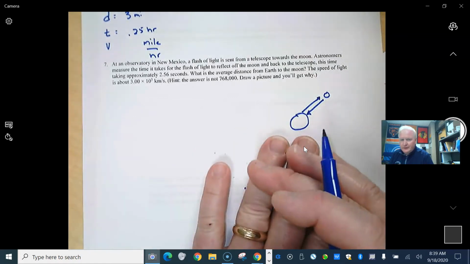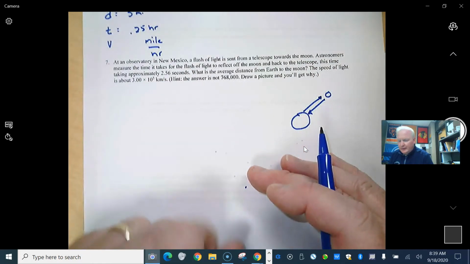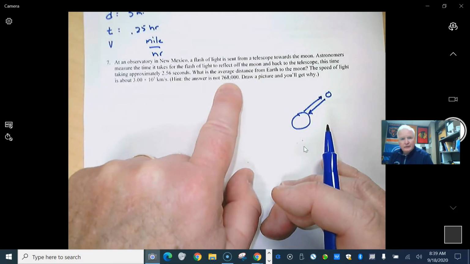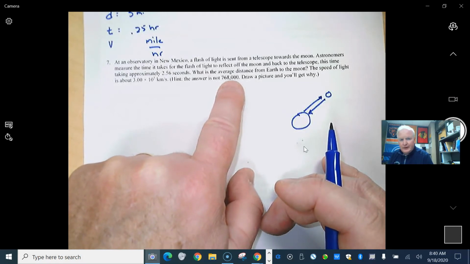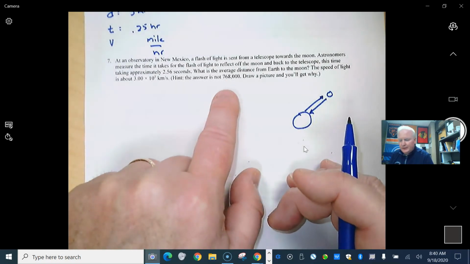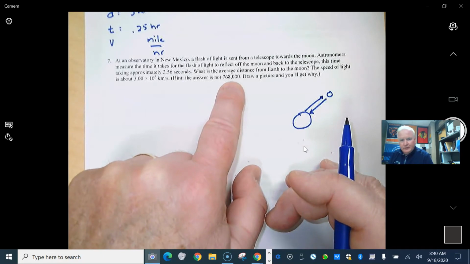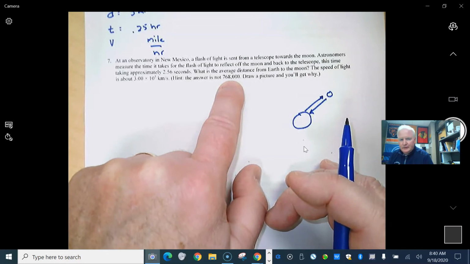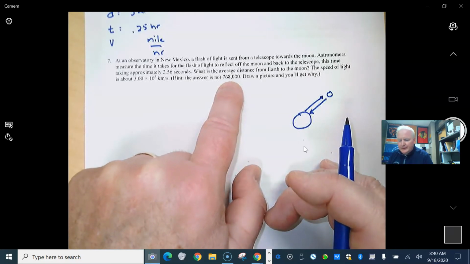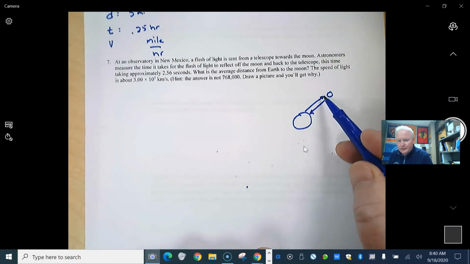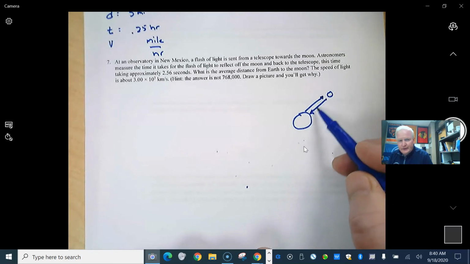So you'll do this problem with the 4-column method, and you're going to get an answer that's wrong. Even if you've done the 4-column method correctly, you're going to get the wrong number, because they ask you a slightly different question. They don't ask you how far the light travels, because the light travels there and back.